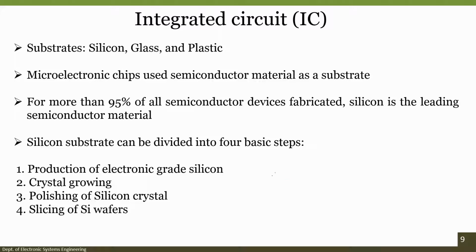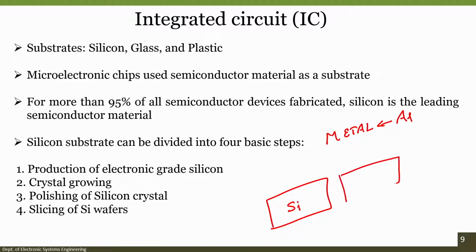Let us say you want to deposit a metal, let us say aluminum, on a substrate. So, what is a substrate? A substrate can be silicon, glass, or polymer.